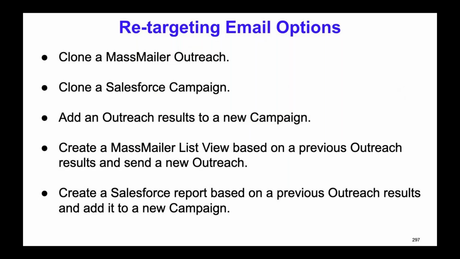The very first one is a very blunt one, the clone feature, which I explained in one of the previous webinars. You could send an email using the MassMailer outreach, and then if you want to send a retargeting campaign, you can clone that outreach and send it to all of them. Of course, we do suppress the bounces and unsubscribes. Other than that, any email that is still valid would still receive the email, provided you just do a clone.